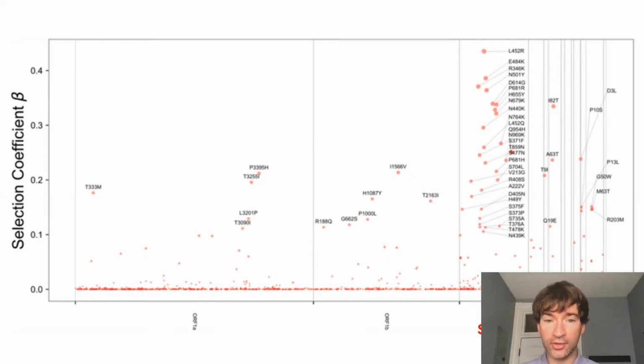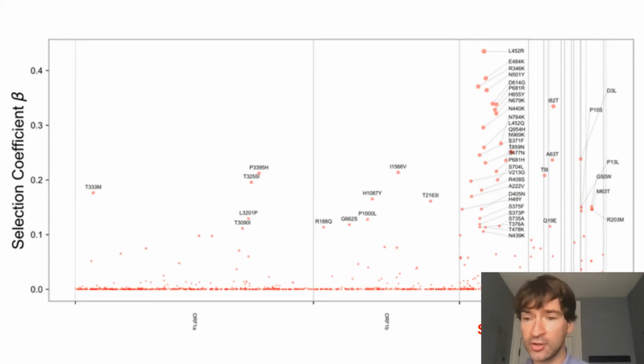So each red dot here corresponds to one selection coefficient for one specific amino acid location. And first of all, we see that most of the red dots are near zero, right? And that's as we would expect, given our neutrality assumption. And it's only a relatively small number of amino acid positions where there's a non-negligible effect size. And those effects tend to cluster in a few places. And in particular, a lot of them cluster in the spike or S protein, which is not surprising given the pivotal role that the spike protein plays in viral entry into human host cells. So this sort of recapitulates what we would have expected.